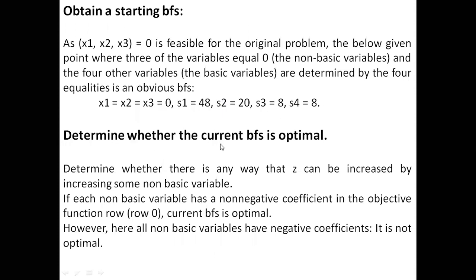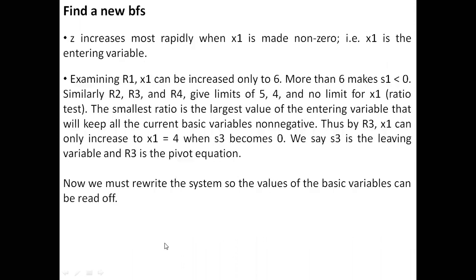Hence we can do the determination of whether the BFS solution is optimal, right? Next, moving on to the second strategy, examining overall row 1, row 2, row 3 and row 4.